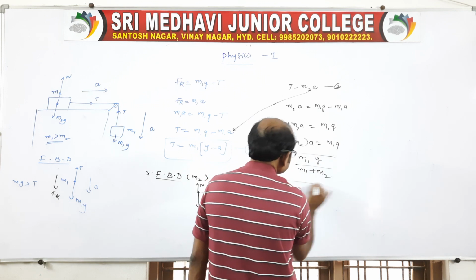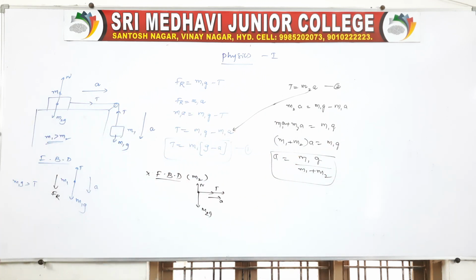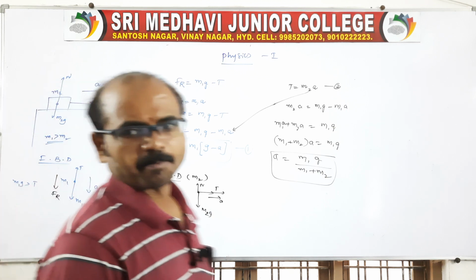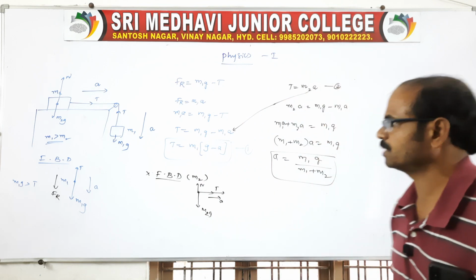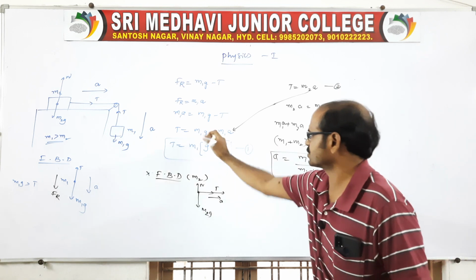This is the acceleration of the system when the block is accelerating on the horizontal smooth plane. It is one constraint, and we know the acceleration. Now we have to find the tension also.